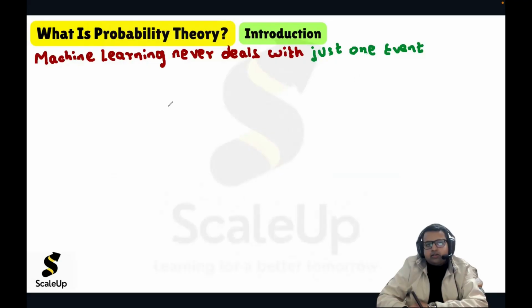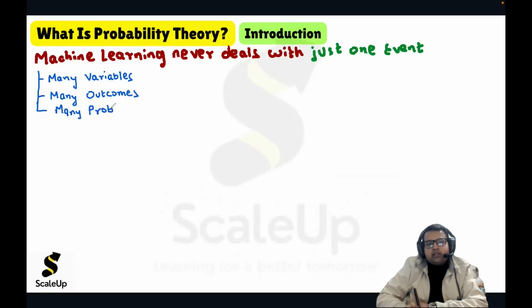It deals with many variables, with many features which influence the target, many outcomes, and many probabilities interacting at once.